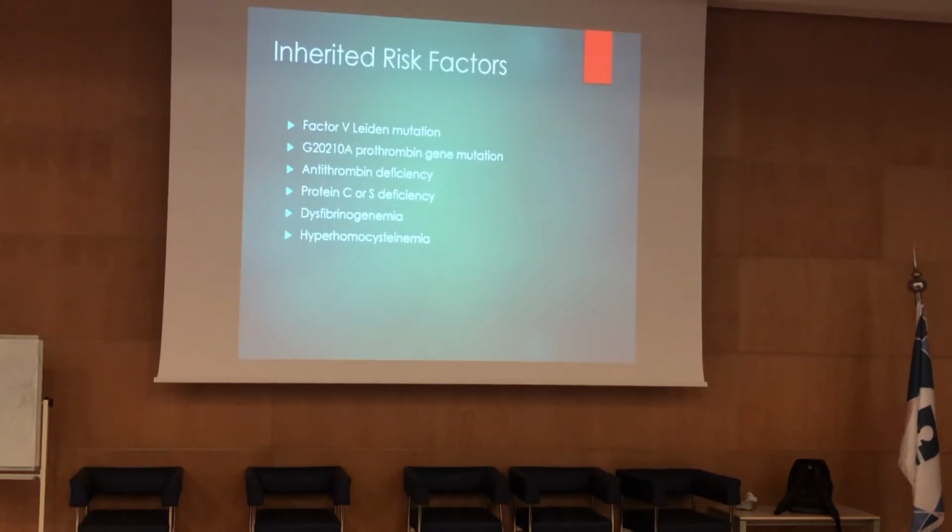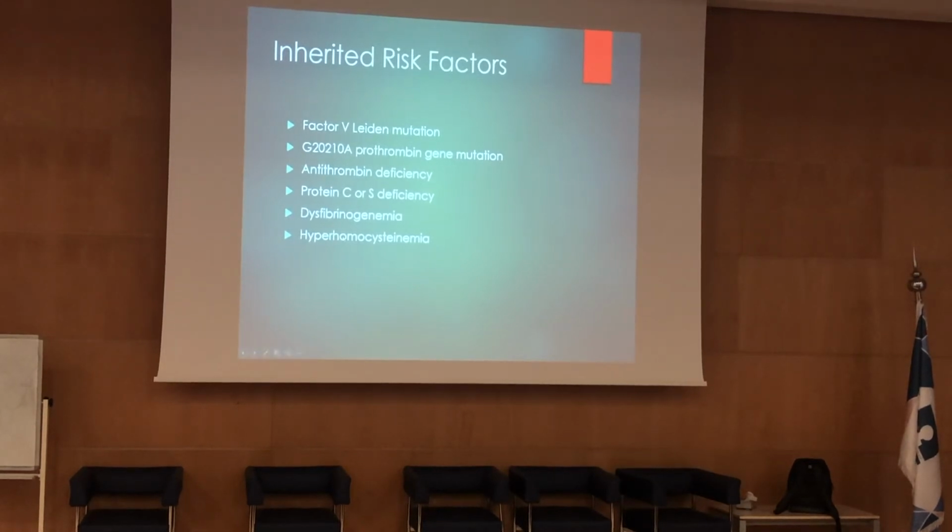So inherited risk factors, those disorders are also very common. We call it factor 5 Leiden mutation. Those are all inherited disorders. If you see patients who have, for example, protein C or protein S deficiency, those patients are born for thrombosis.